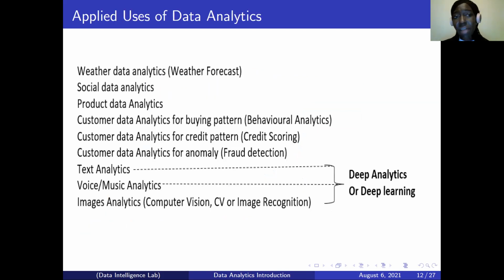So these are various applied use cases of analytics. I'm sure we have discussed some of this in our last discussion. These are just other areas to broaden our horizon into how analytics is being applied in various areas.